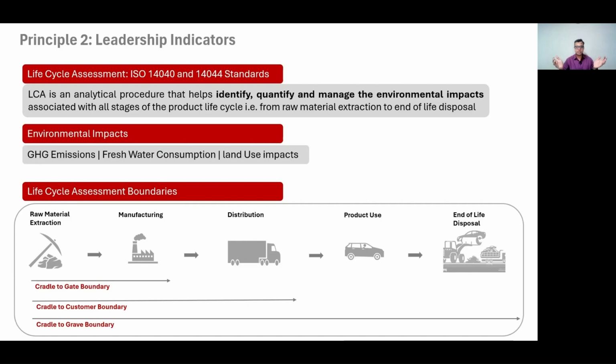Cradle meaning the birth of the baby, that is raw material extraction, until the gate of the factory. If the company does a life cycle assessment from raw material extraction up to the final showroom or the shelf of the supermarket, it is called cradle to customer boundary, where the customer can go and pick it up.